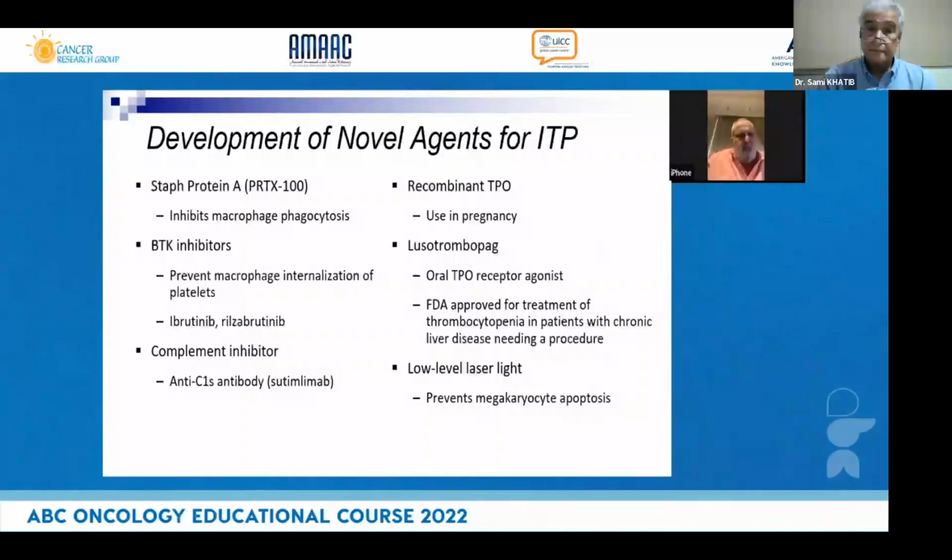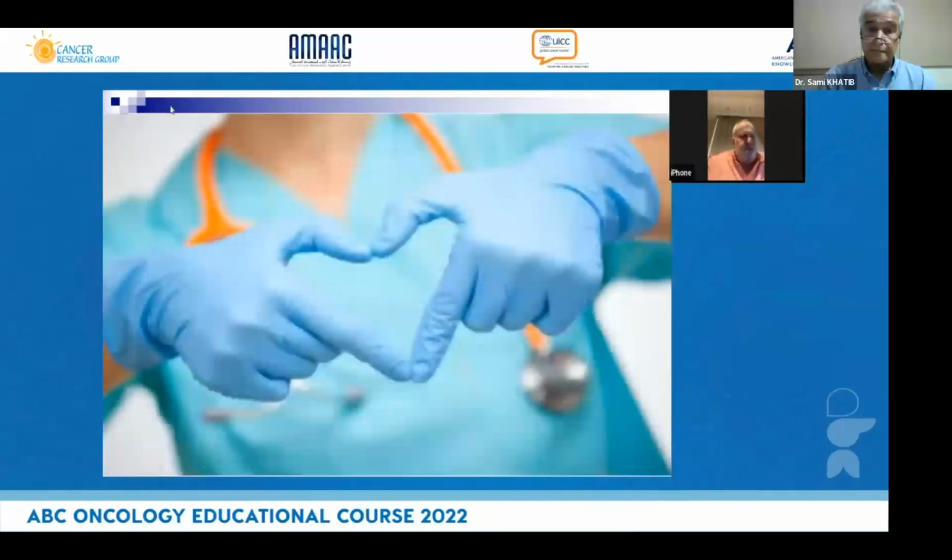And last but not least is the low-level laser light that we know prevents megakaryocyte apoptosis. I will stop here and thank you for your attention.